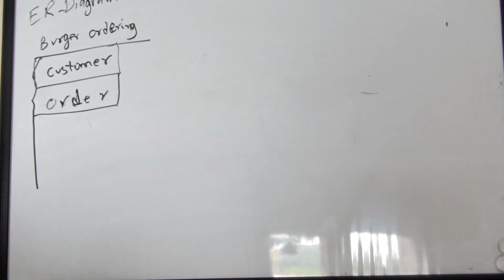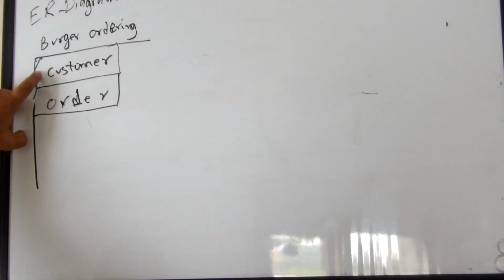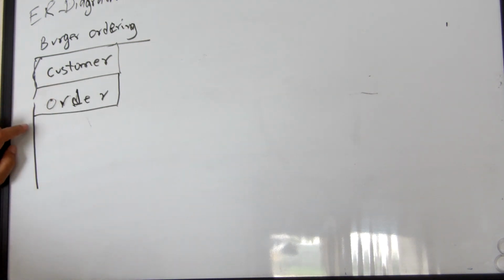Every table has attributes. For the customer, that could be address, name, phone number, and email. But an order can have the customer name, so in the table there should be a customer foreign key, and then we have the product.